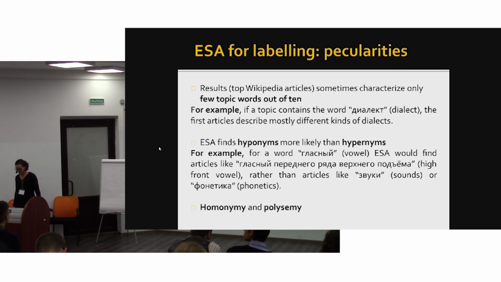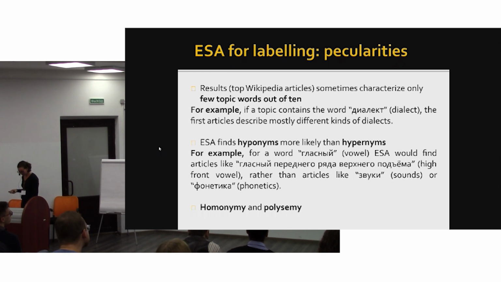Also, in the course of our experiments, we noticed some peculiarities, some characteristic features of ESA, when it is given topic words as an input. First of all, some results seem to characterize only a few topic words out of 10. For example, if a topic contained the word dialect, the first articles that ESA yielded describe mostly different kinds of dialects.